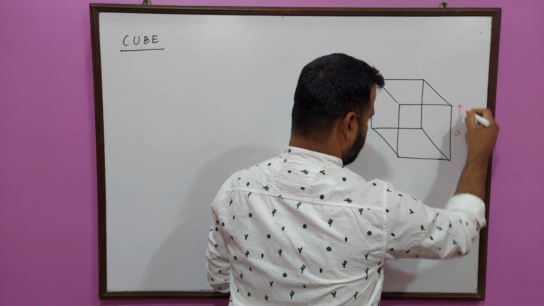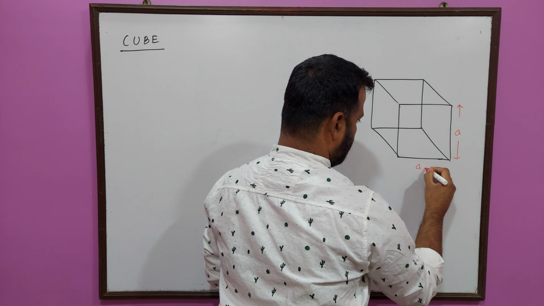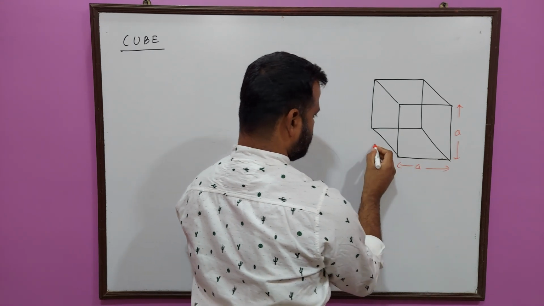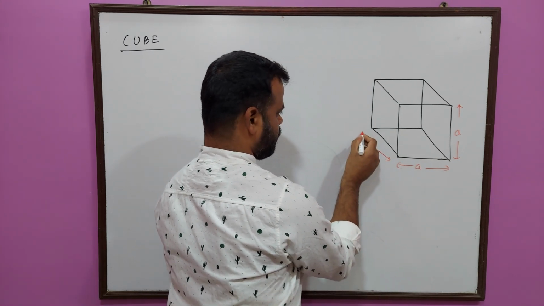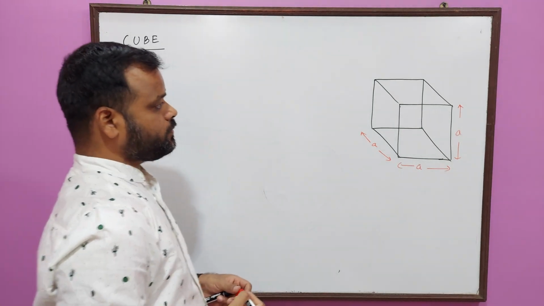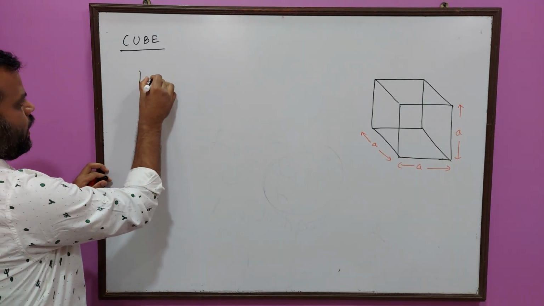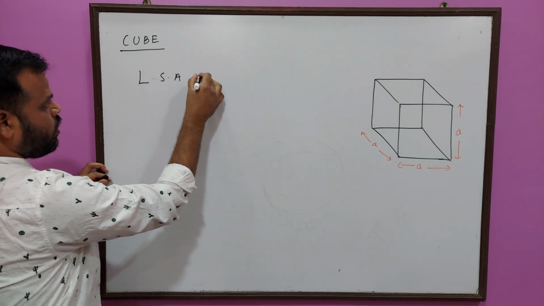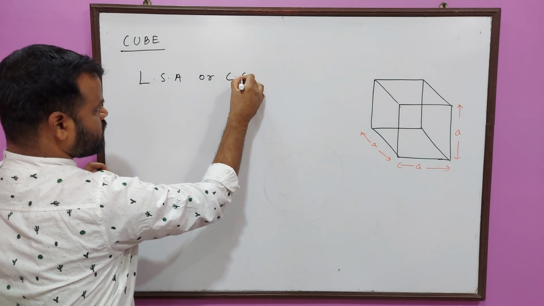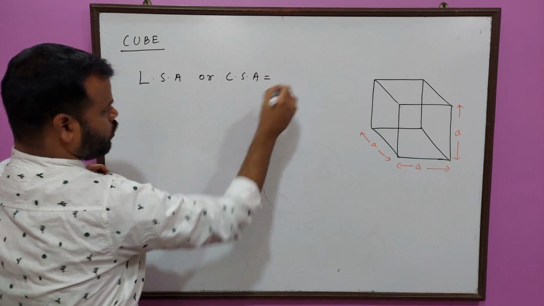All the edges of a cube are equal. Okay.